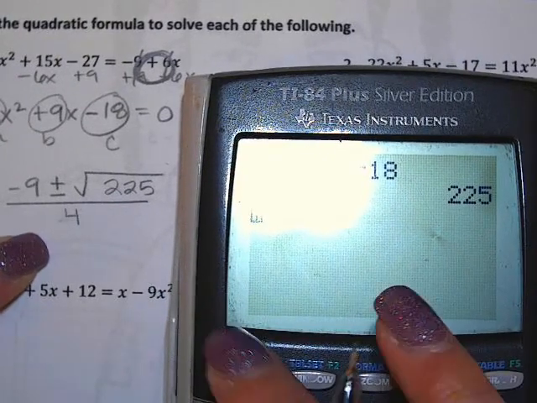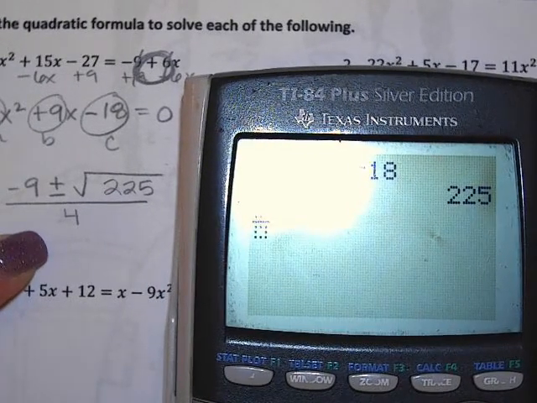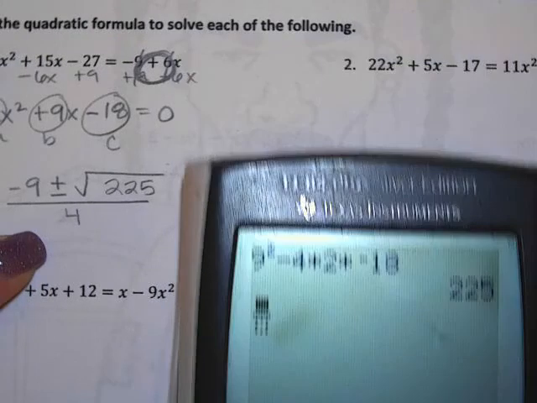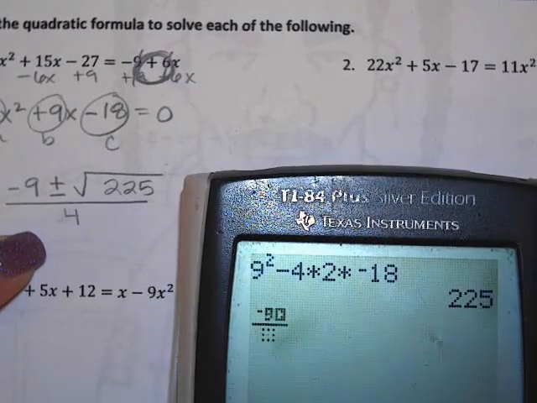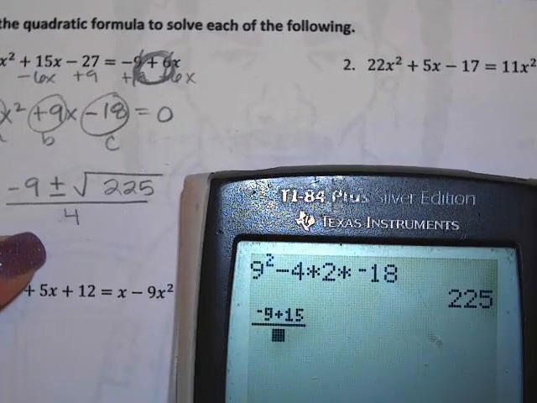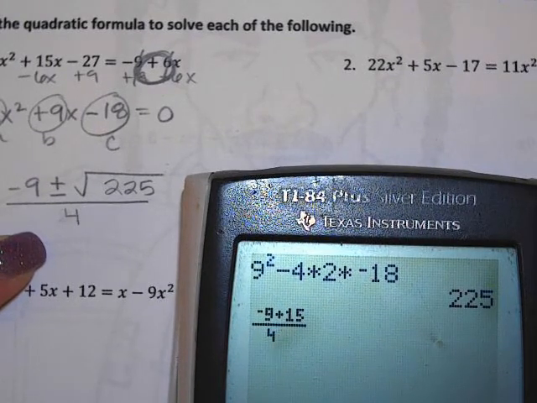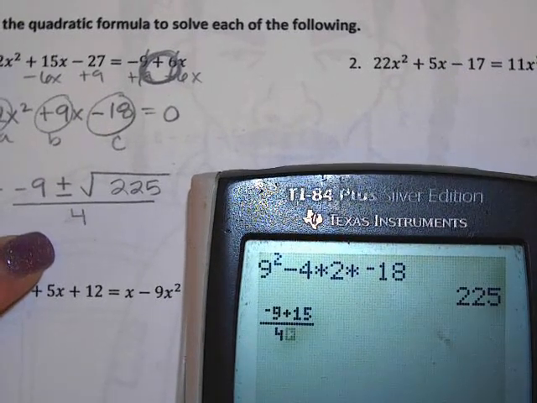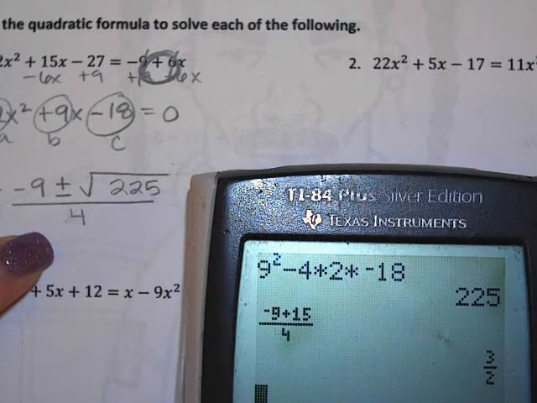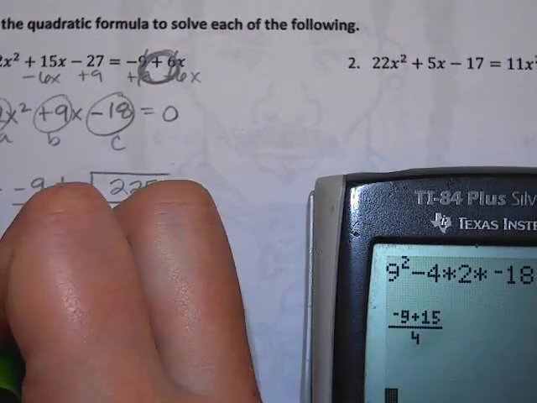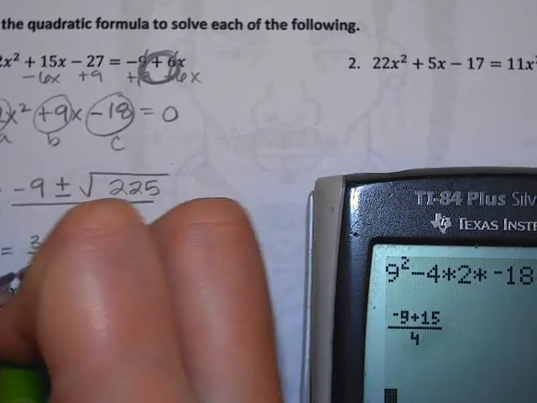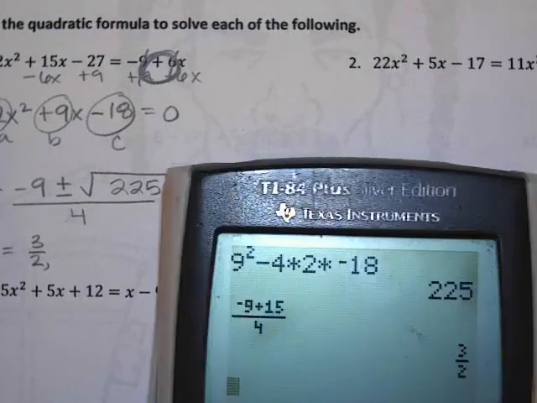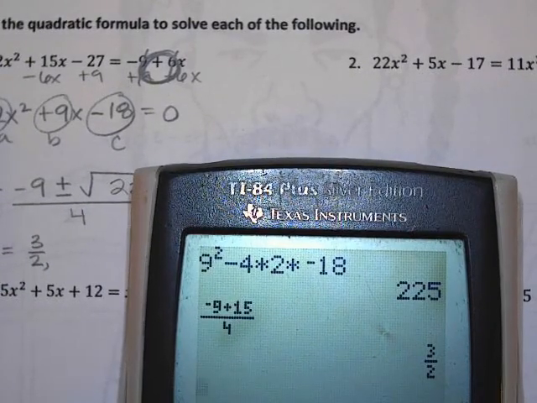Square root of 225 is 15, so I've got x equals -9 plus 15 over 4, 3/2. Wait, hold on. My brain just stopped working. How do I do the fraction?